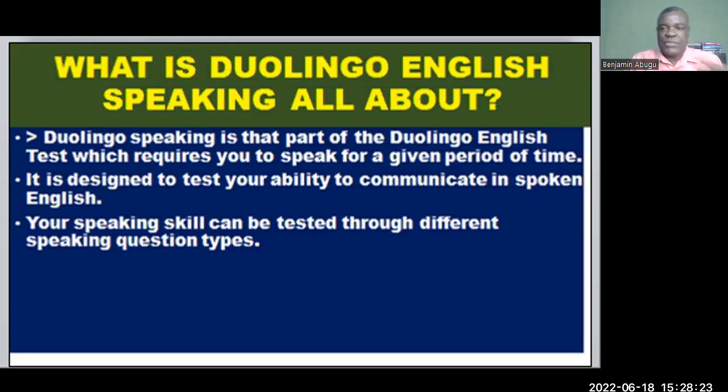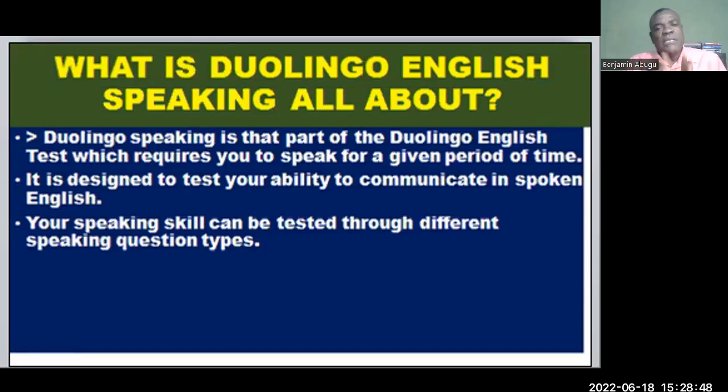And questions are set on these various aspects of language proficiency. The overall aim of the test is to evaluate your level of proficiency. It is a proficiency test like any other English test, such as IELTS, TOEFL, and others.